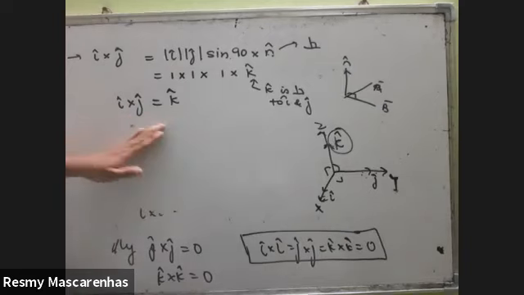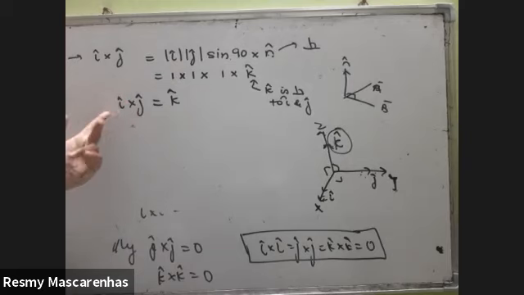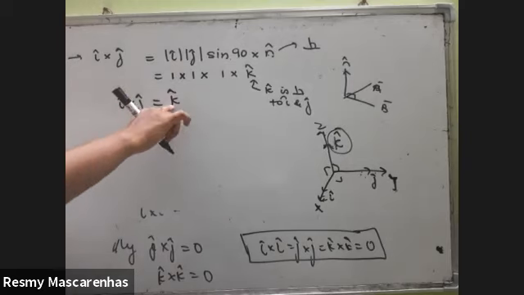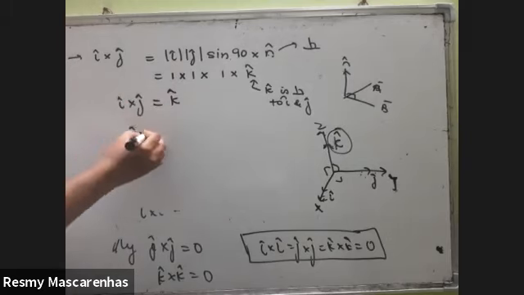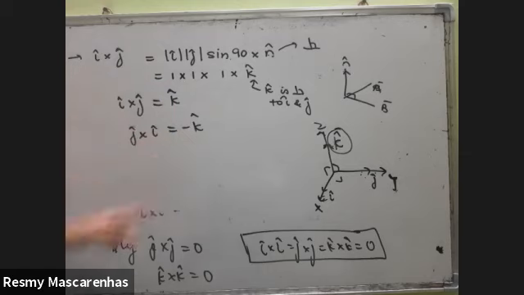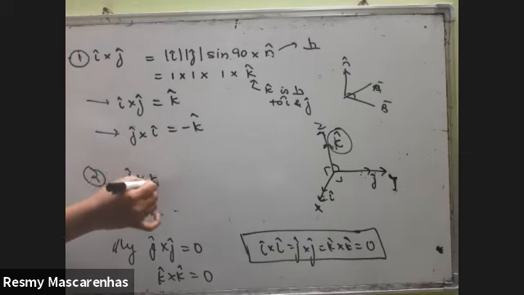Okay, before that, if you reverse, you know a cross b is always positive, but ulta, b cross a will always give you minus. The moment you reverse the sign, this will be minus. Then second you try j cross k.